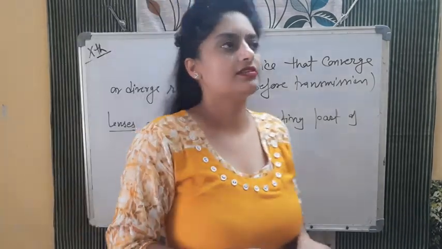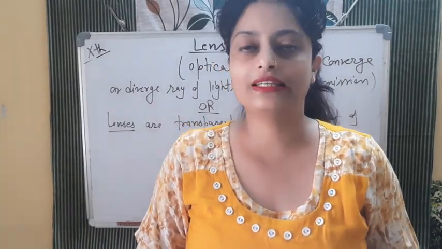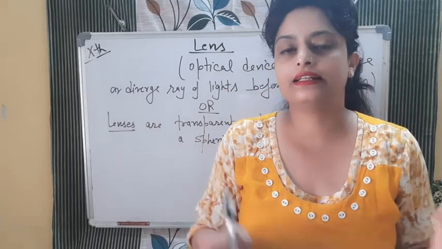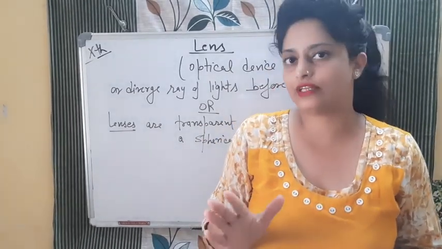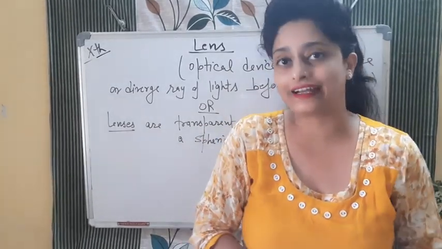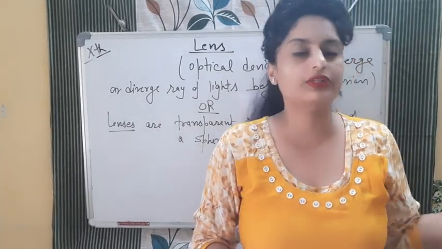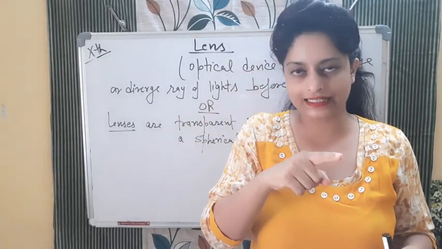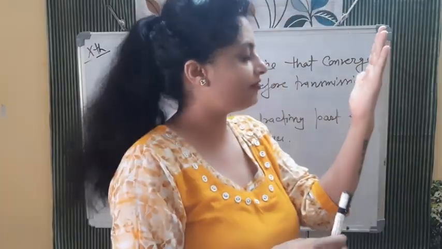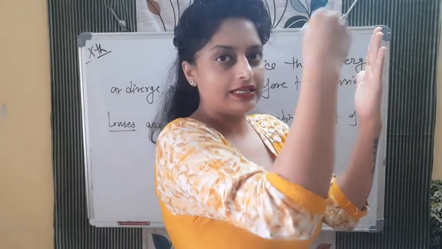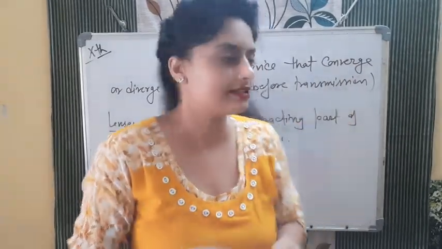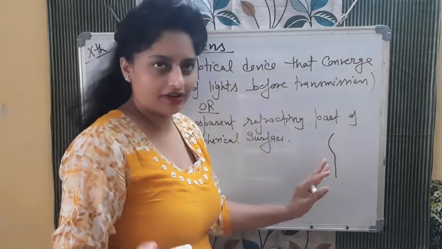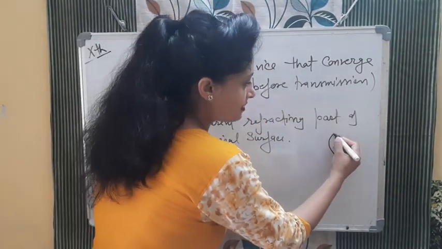Now see, this thing is very common and very simple to understand. In case of the mirror, we were saying that there was only one surface that was spherical and that was also reflecting kind. Like we took the example of a spoon. The shape of the spoon: one part is like this, and when you see the spoon from the other side, you see a different shape. I have made a rough try.